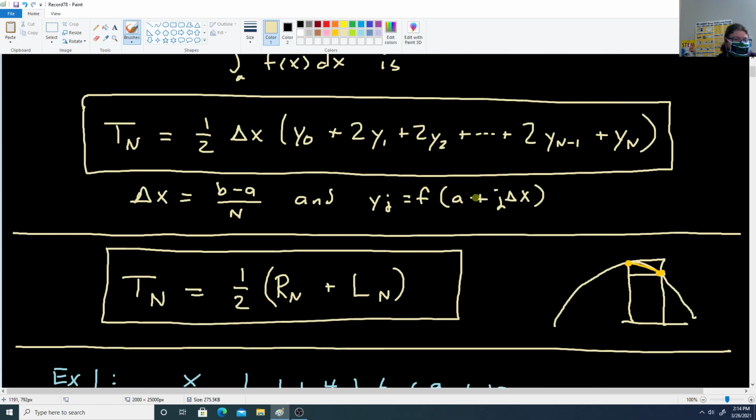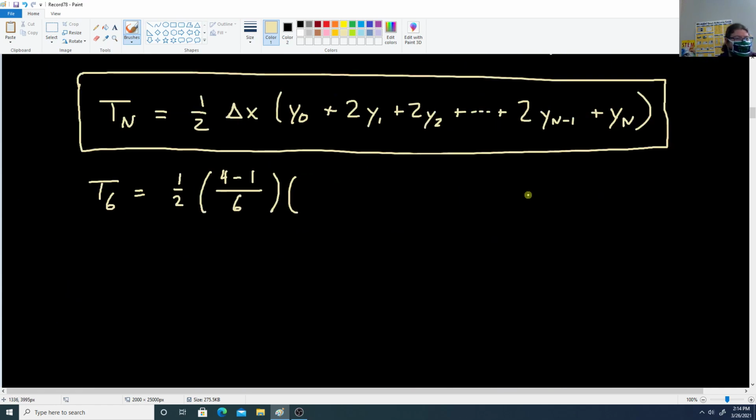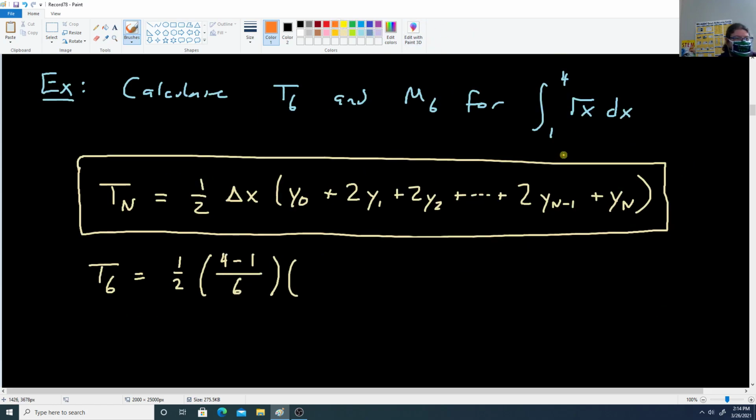We could use the function a plus j delta x, but let's think a little bit about what this really represents. We have our interval from 1 up to 4, and I want to break it into 6 pieces.